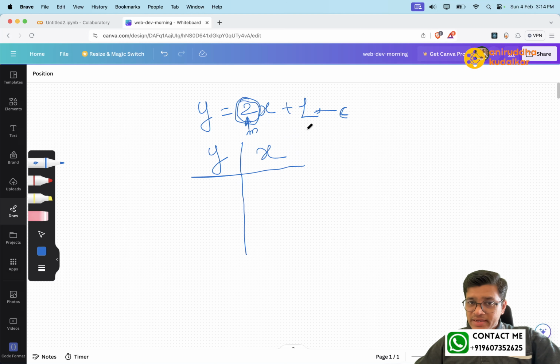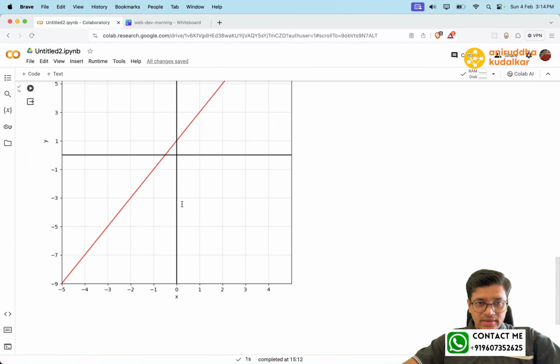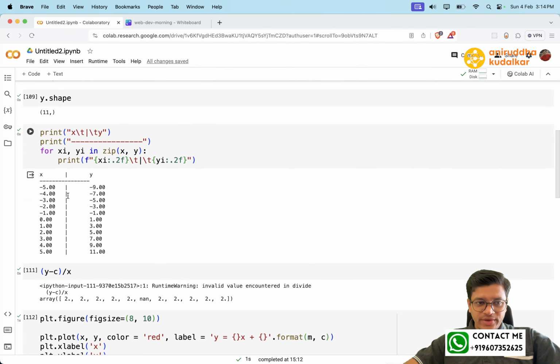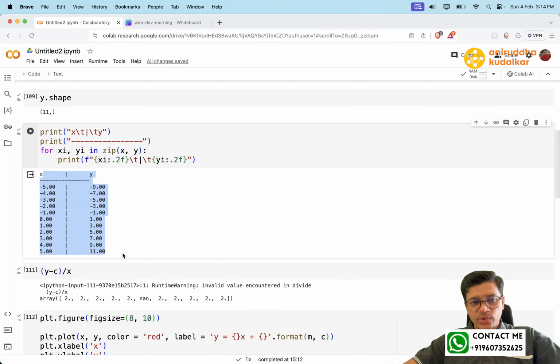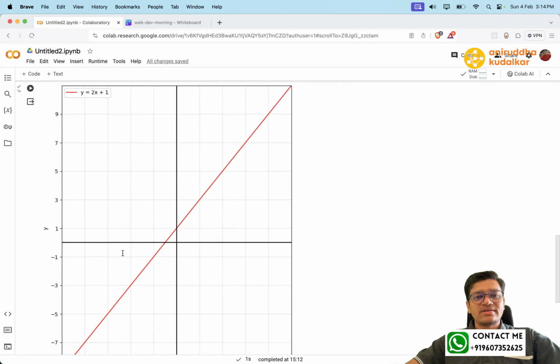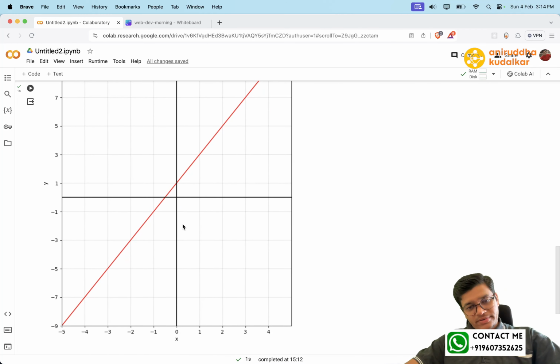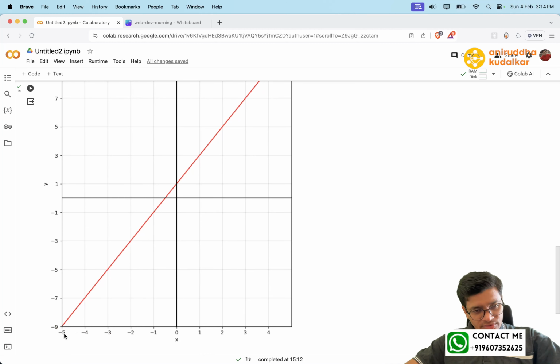Now what do you mean by this? Okay, let's go to this graph. Whatever points we have here, I have plotted on the paper. If the value of x is minus 5, the value of y is minus 9. If x is minus 4, y is minus 7. If x is minus 3, y is minus 5.